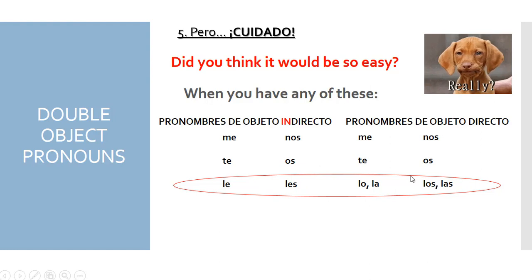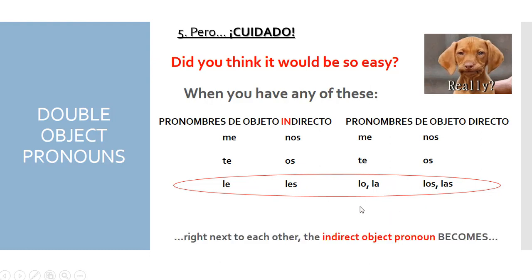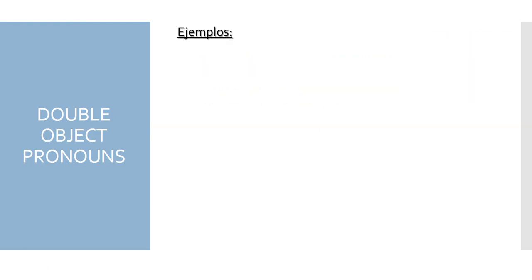If you have one of these two together with one of these four, right next to each other, you need to do something. The indirect object pronoun, either the le or the les, becomes se. And I'll give you some examples.